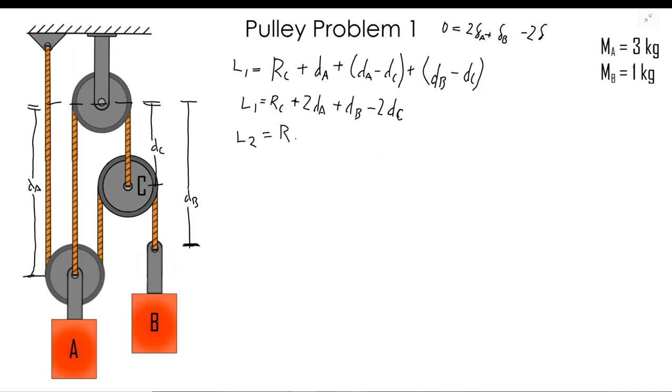I'm just going to leave an RC in there, like normal. So L2 is going to be this rope right here, so it's a constant length. This is going to be RC. We're going to have a dA involved, so dA, and then we're going to have this, which is dC, so plus dC.